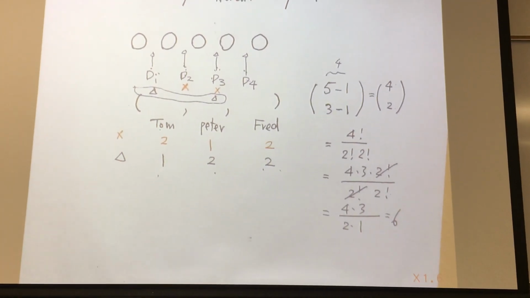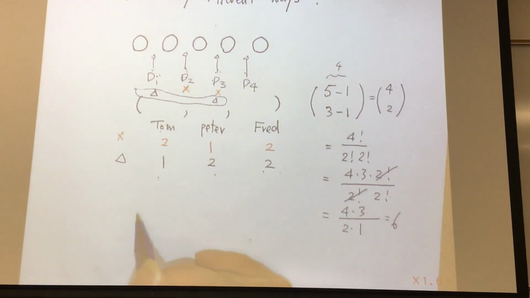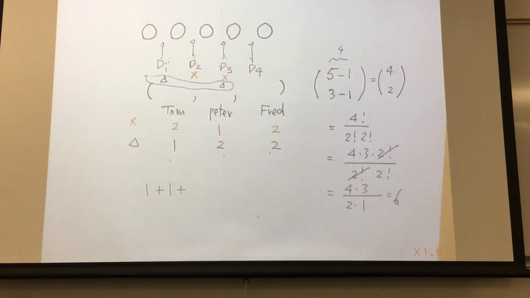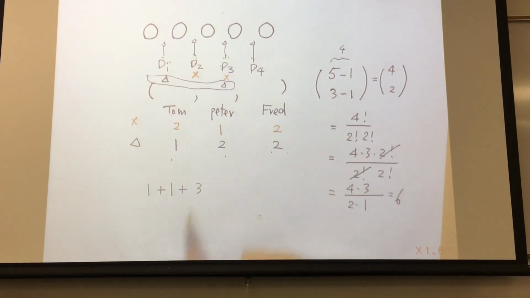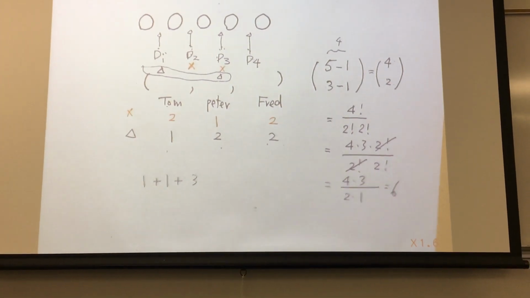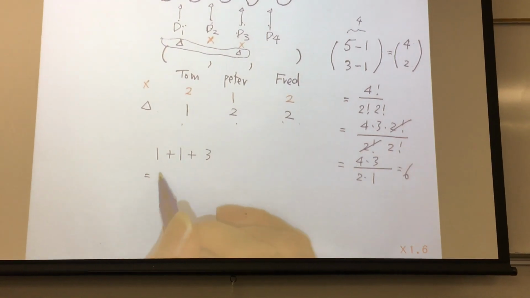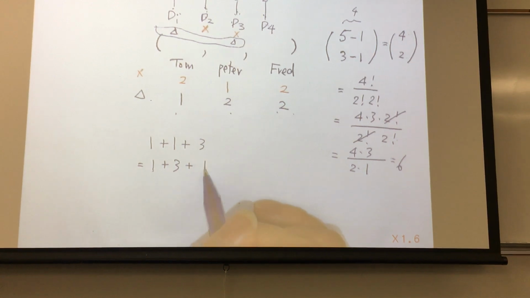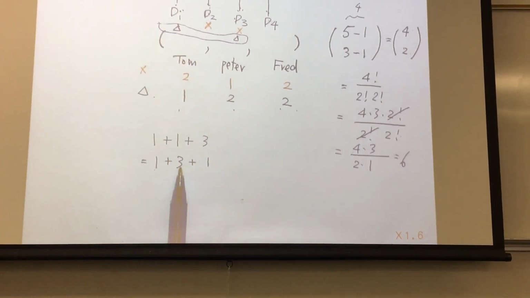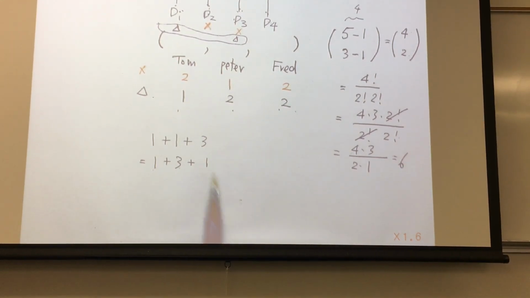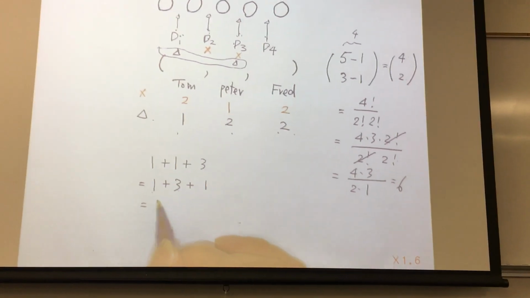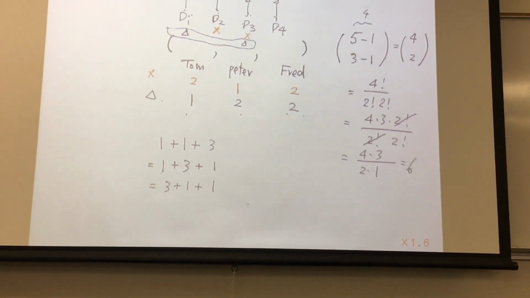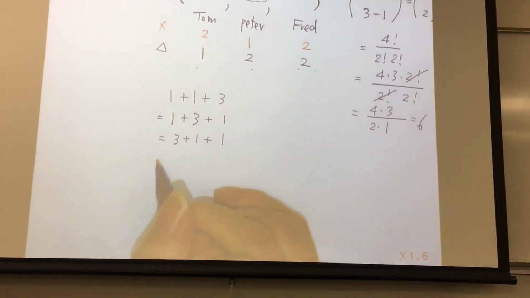So in this case, what are the 6? Let's look here. It can be 1 plus 1 plus 3. This is one way, right? What are the other ways? Well, you can have 1 plus 3 plus 1. That means Tom gets 1, Peter gets 3, Fred gets 1. What else? 3 plus 1 plus 1. Am I correct? What else?